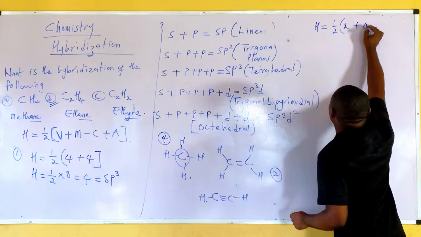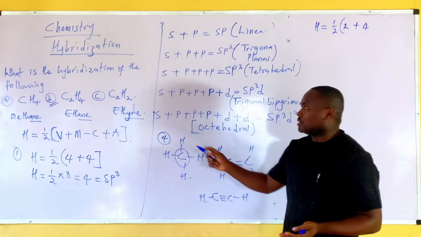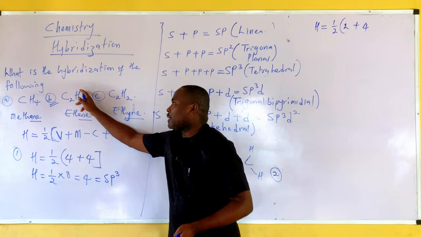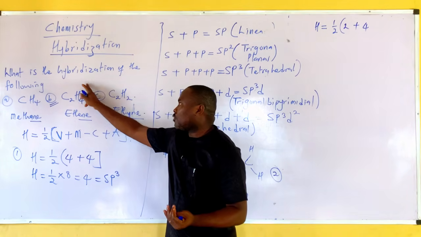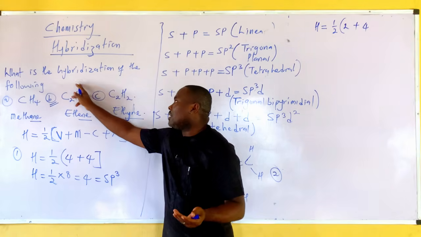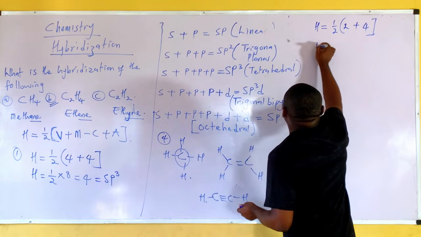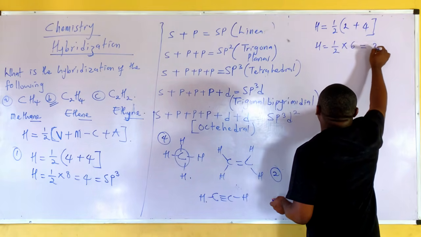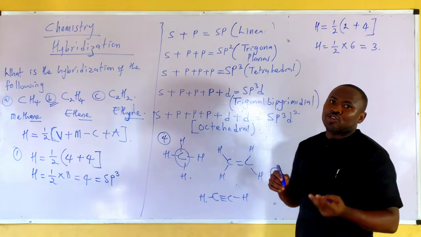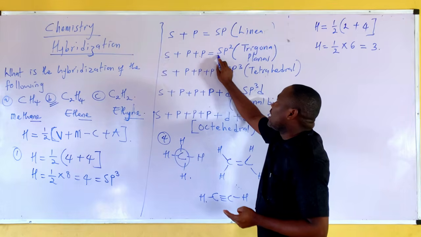So it becomes plus 4. Now there is no cation, no anion. There is no charge present. If it was negative, it would have been an anion. If it was positive, it would have been a cation. They are not present, so I ignore every other thing. So H will now be equal to 1 over 2 times 6, which equals 3. So if hybridization equals 3, what becomes my answer? 1, 2, 3, sp2.